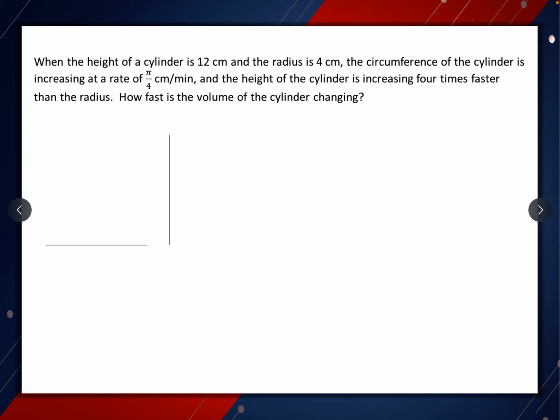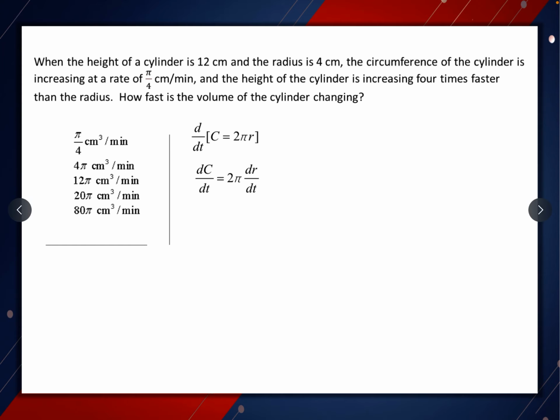So first of all, we need to use the values the question gave to calculate dr/dt, because dr/dt is the only one we can calculate by the values the question gave. And here are five choices of the answer we can choose.